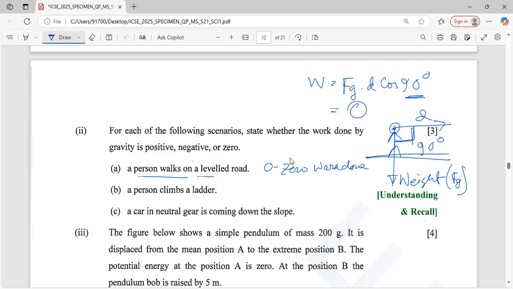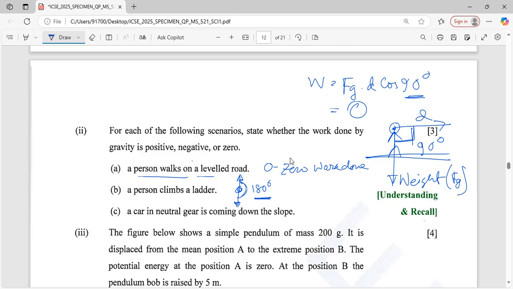Person B climbs a ladder. Here comes the ladder. If the weight goes down, the person moves to the top, so the angle is 180 degrees.